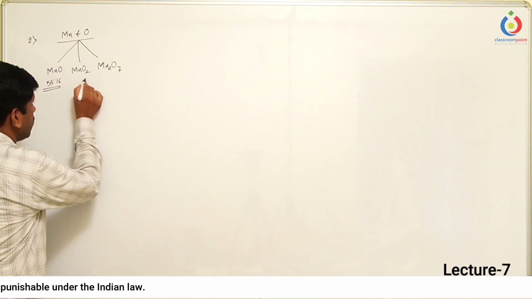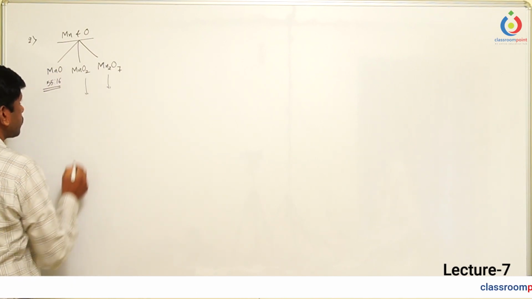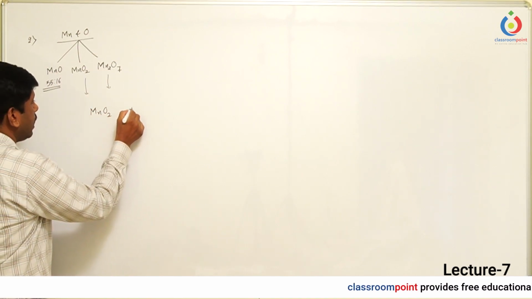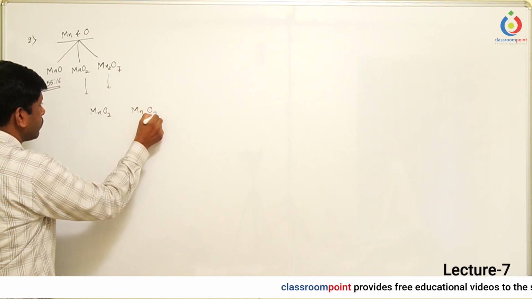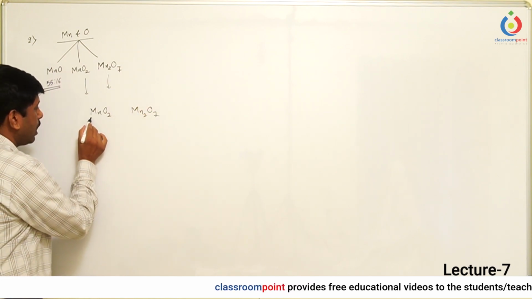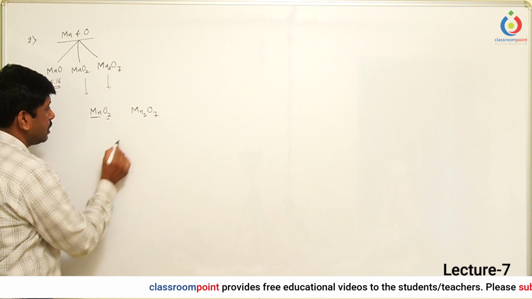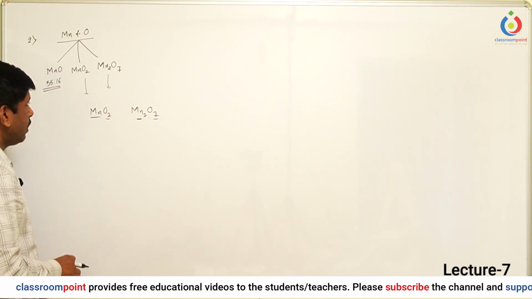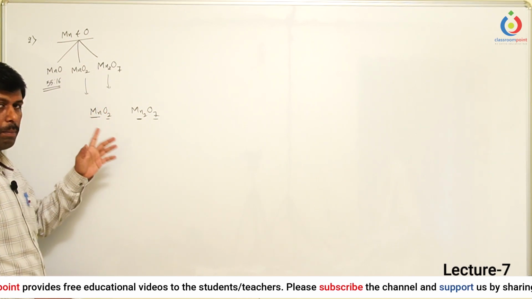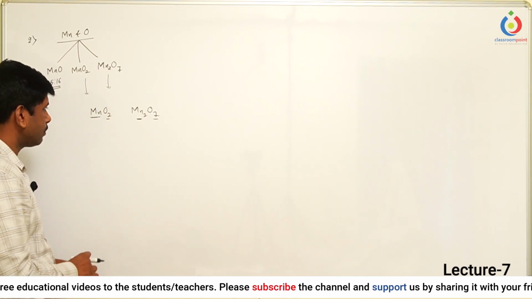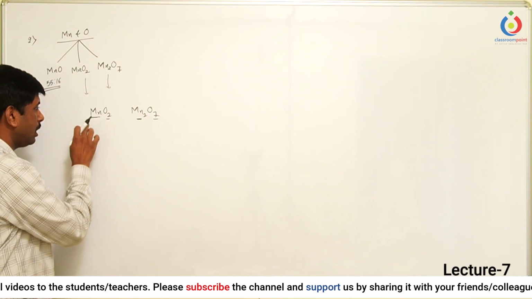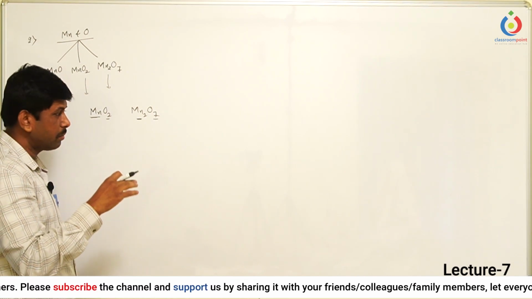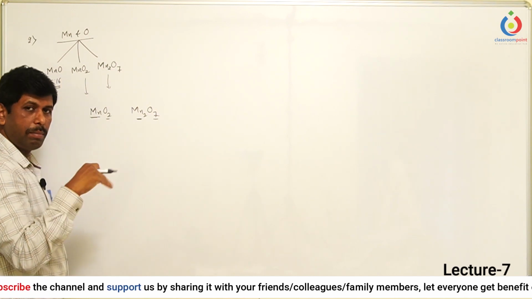So let us take out these 2 oxides, MnO2 and Mn2O7. See here, 1 manganese combines with 2 oxygens. Here 2 manganese combine with 7 oxygens. Even if you take the masses or the number of elements, there is no difference. In the case of manganese, I am considering the element, and for oxygen, I will take the mass.